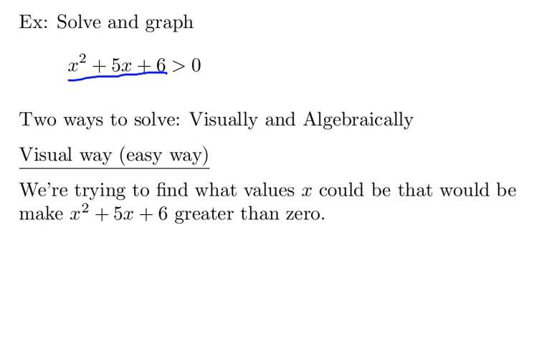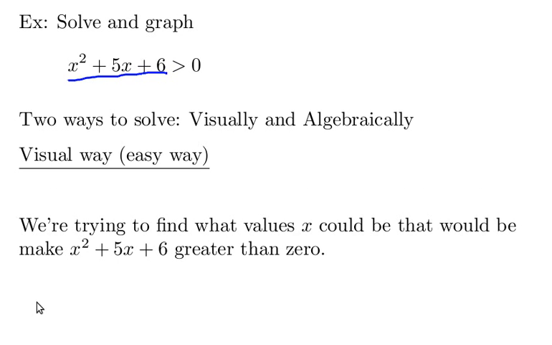I'm going to put a little bit of space there, just so we don't have too much stuff too close together. So we're trying to find what the possible values of x could be. So in other words, what are the values of x that's going to make this entire thing greater than 0?